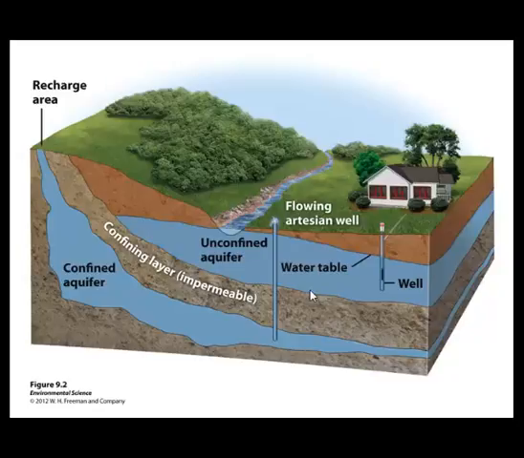So if the water table starts getting deeper and deeper, the well might no longer be in the groundwater. It won't be able to withdraw. If the water table gets deeper, lower and lower and lower because we're overusing it, that spring might no longer be fed from the groundwater. And the stream might no longer be fed from the groundwater.